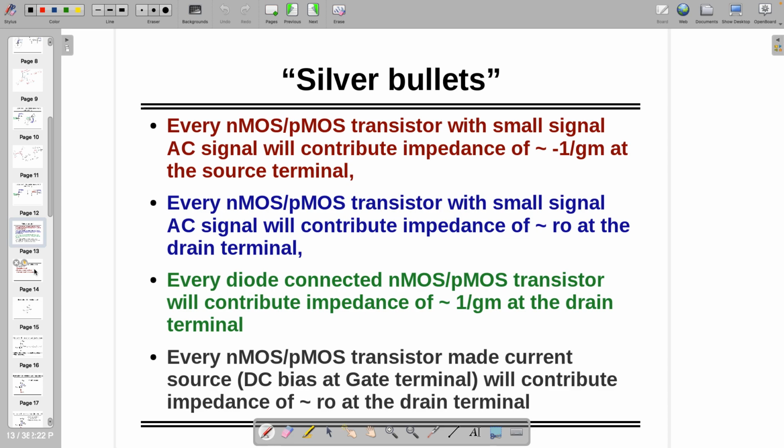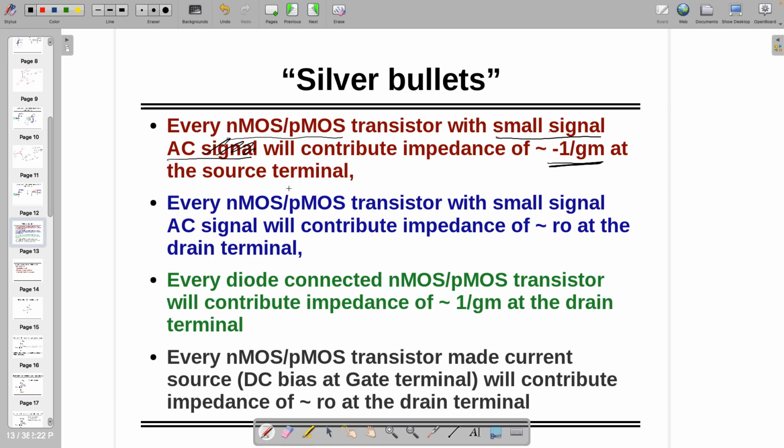So let's summarize what we have seen. Whatever we have made for NMOS or PMOS is applicable for both transistors. Small signal AC will contribute impedance of 1 by GM at the source terminal.